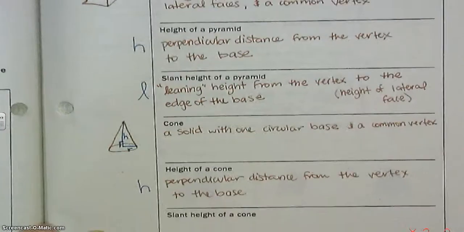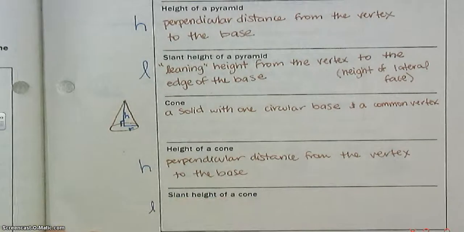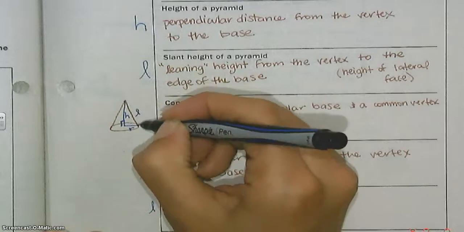Then we have our slant height, which we talked about before. Slant height is L. It's that leaning height. L is right here. See that leaning height.